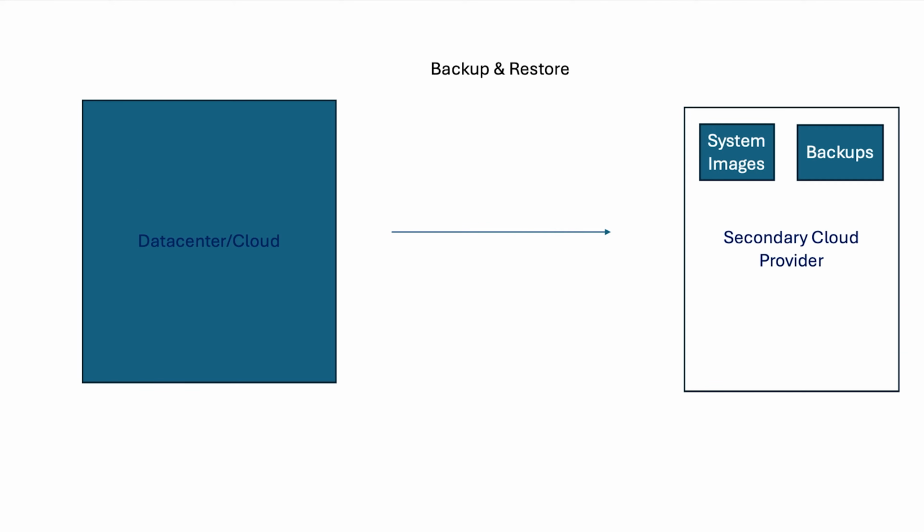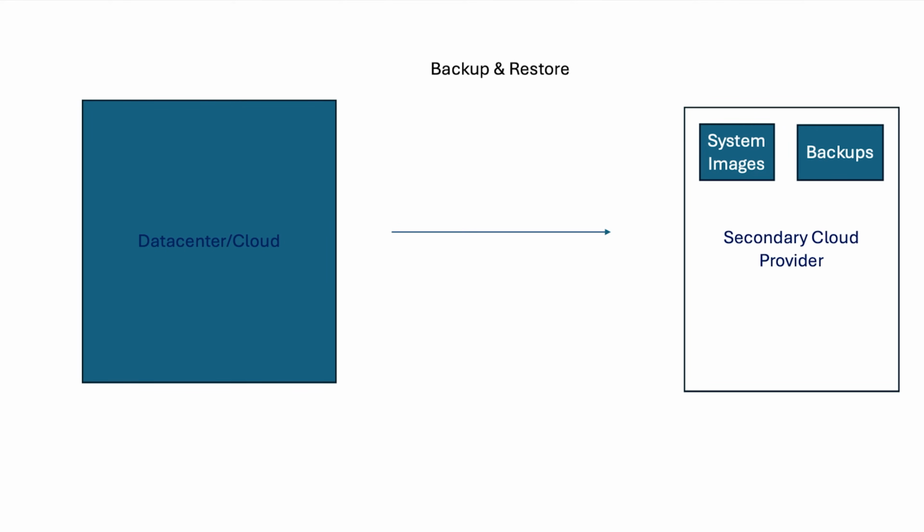Now, the first disaster recovery option we're going to talk about is what's going to be called backup and restore. In a backup and restore environment, we have either our data center or a cloud provider, it doesn't matter, and we're going to do a backup of our system and our system images to a cloud provider.